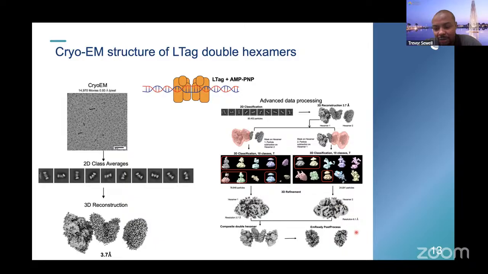Still, the resolution of the second half was very poor, 6.1. From this, I made a composite map, and after post-processing, you see the density in the middle of the OBD and also the DNA is completely gone. So again, this reconstruction cannot tell us what is going on between the protein and the DNA.